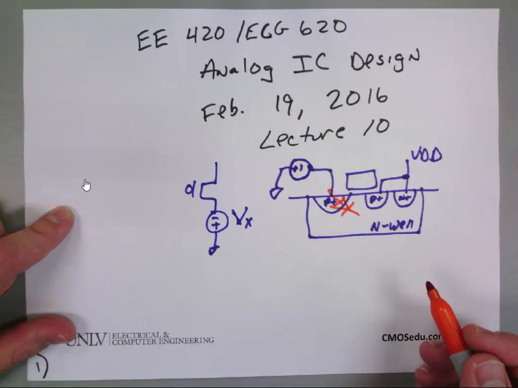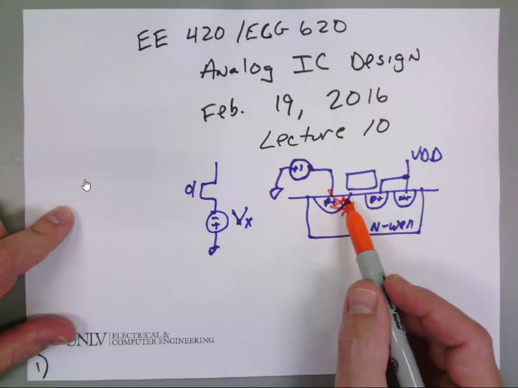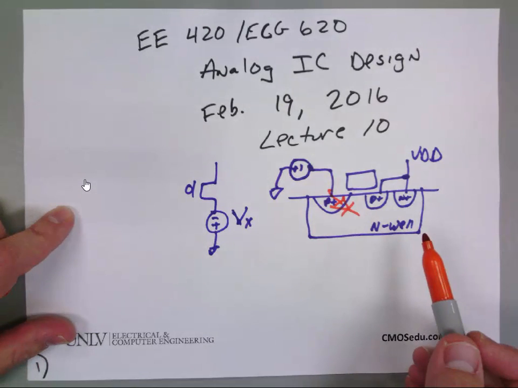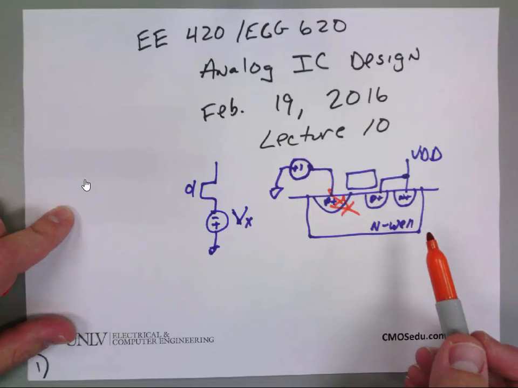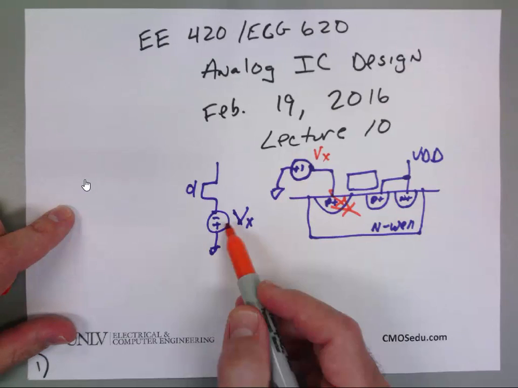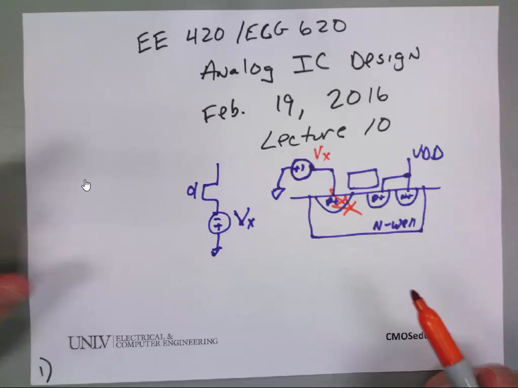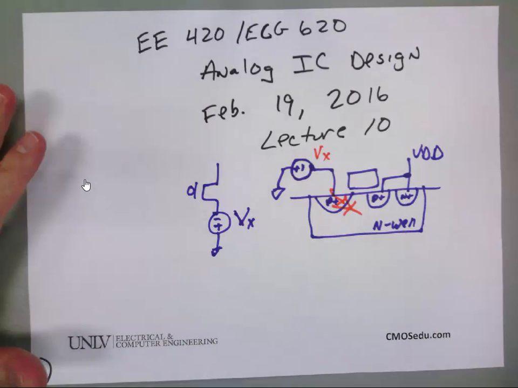Does that look right? Does everybody agree that that's the N well? That's the diode? So does everybody agree that's Vx, so we have it drawn, and the original Vx was the other way? So stare at that for a second. Let me know if you have any questions before we move on.